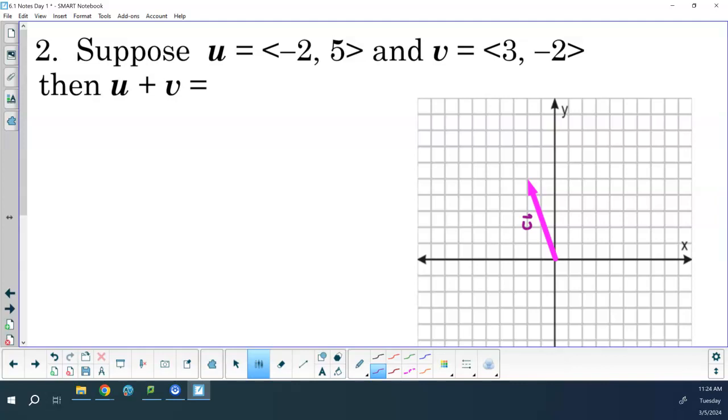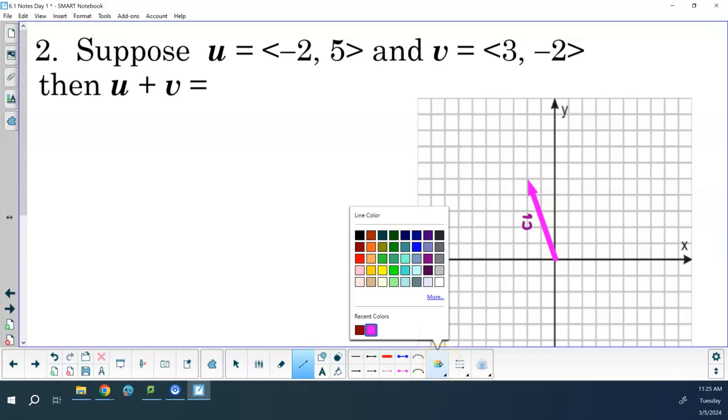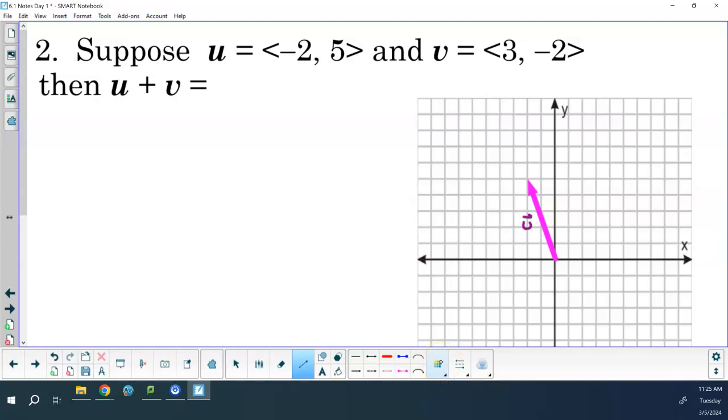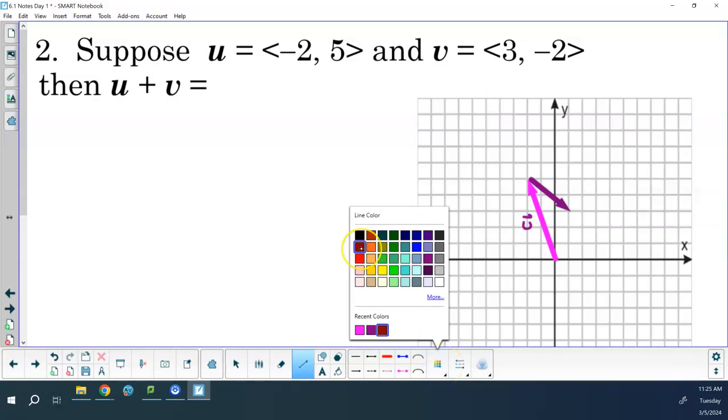Then from that, you connect a tail to it. Tails get connected with other heads. Okay? And so then that would be your resulting vector.